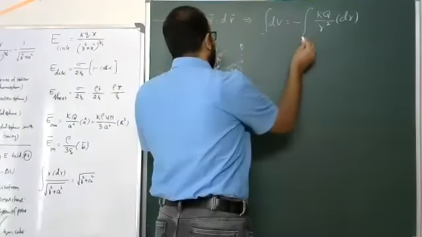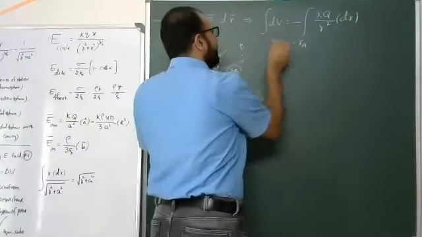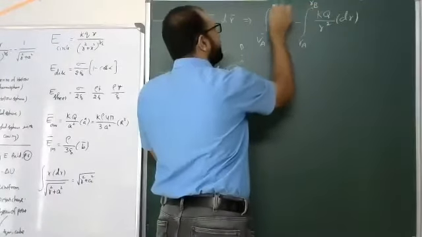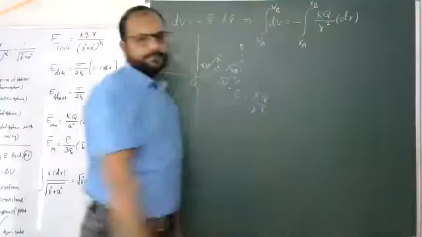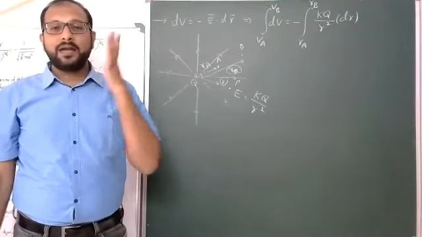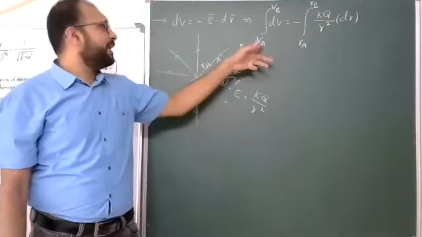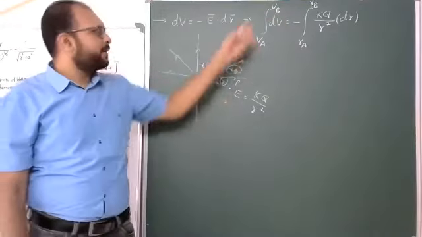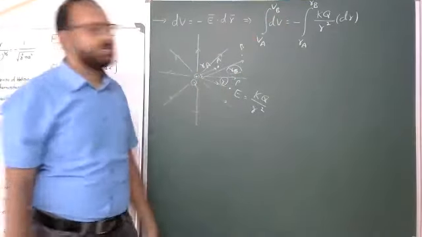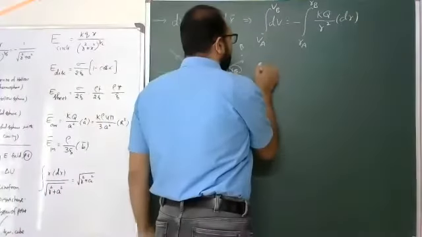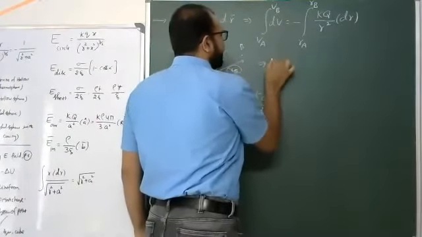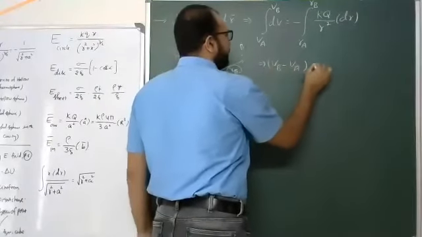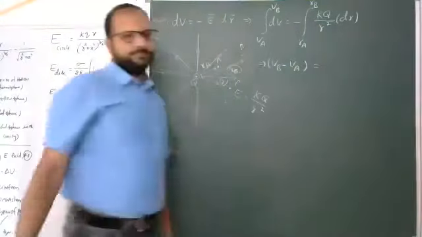Here at RA the potential is VA, and at RB the potential is VB. So left side and right side integration is a definite integration. Now left side VB minus VA equals the right side.